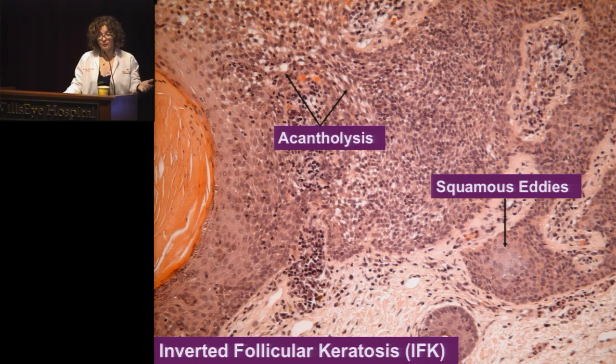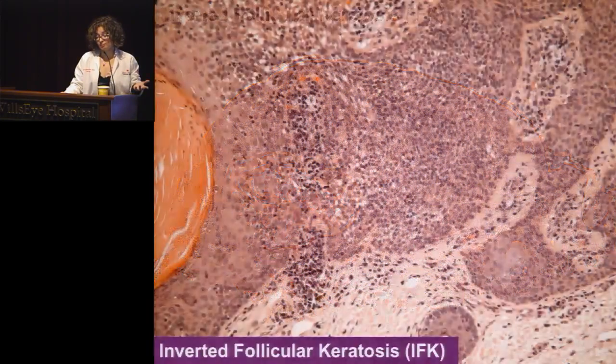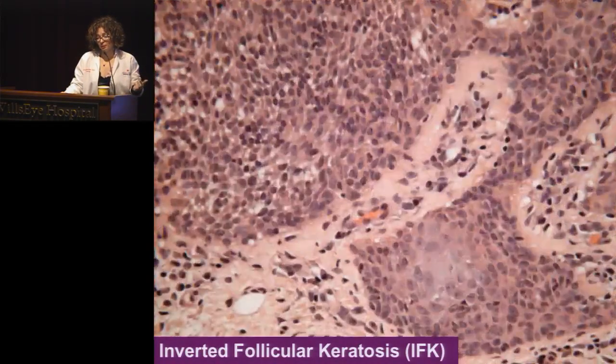So that's inverted follicular keratosis or inflamed seborrheic keratosis, which, because it's a lesion with reactive change, can grow rapidly and clinically can be worrisome. So that's important to keep in mind.